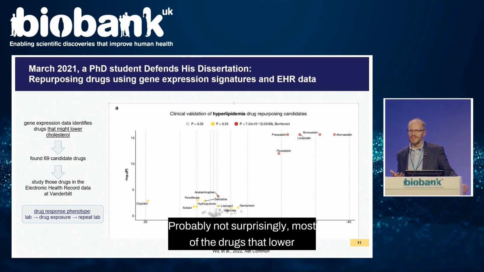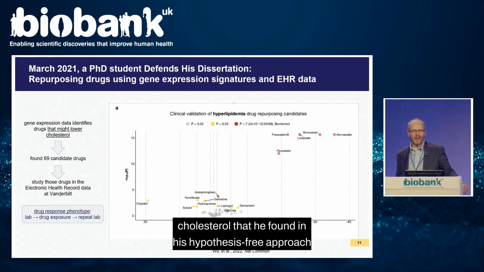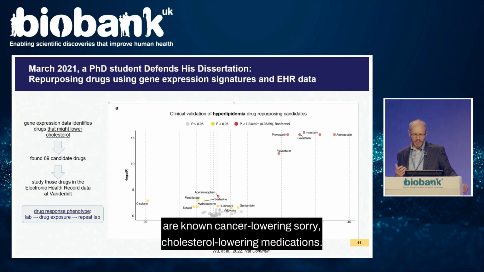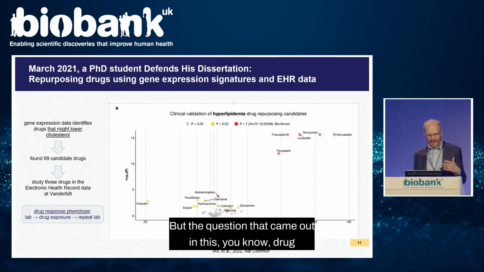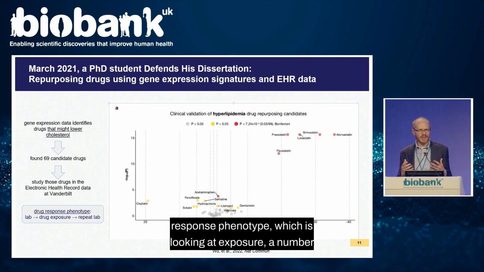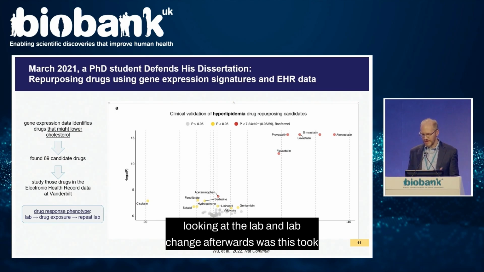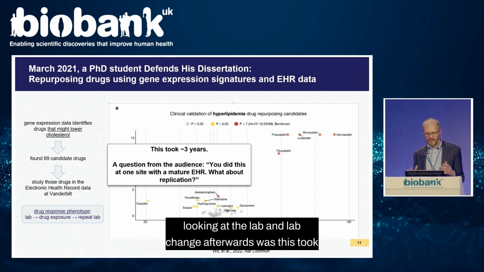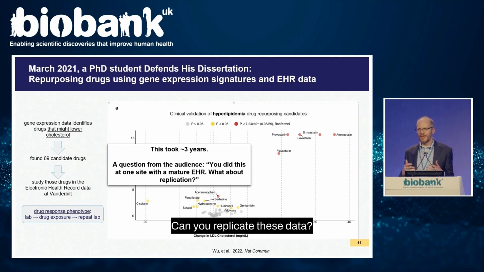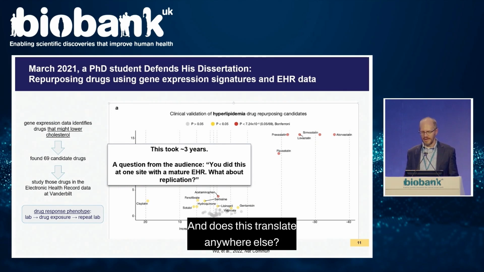Probably not surprisingly, most of the drugs that lower cholesterol that he found in his hypothesis-free approach are known cholesterol-lowering medications. But the question, in this drug response phenotype, which looks at exposure and a number of things to refine the phenotype, the drug, and then the lab and lab change afterwards, was this took 3 years. Can you replicate these data, and does this translate anywhere else?